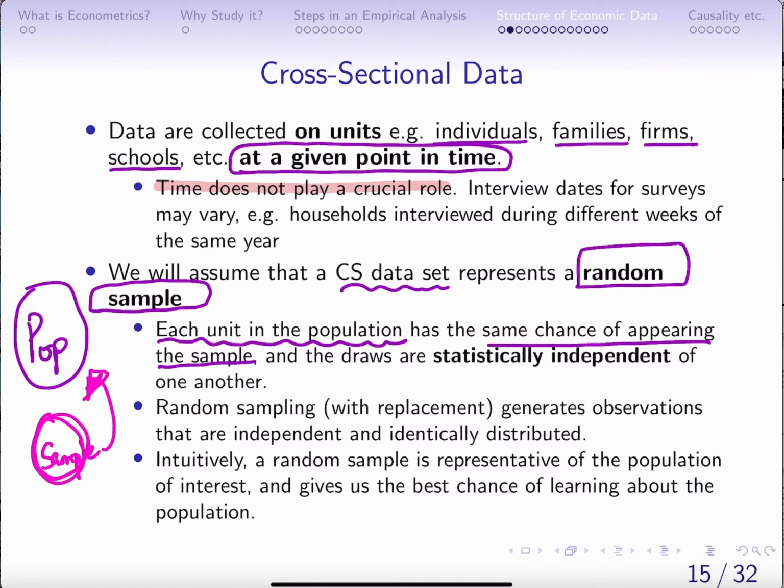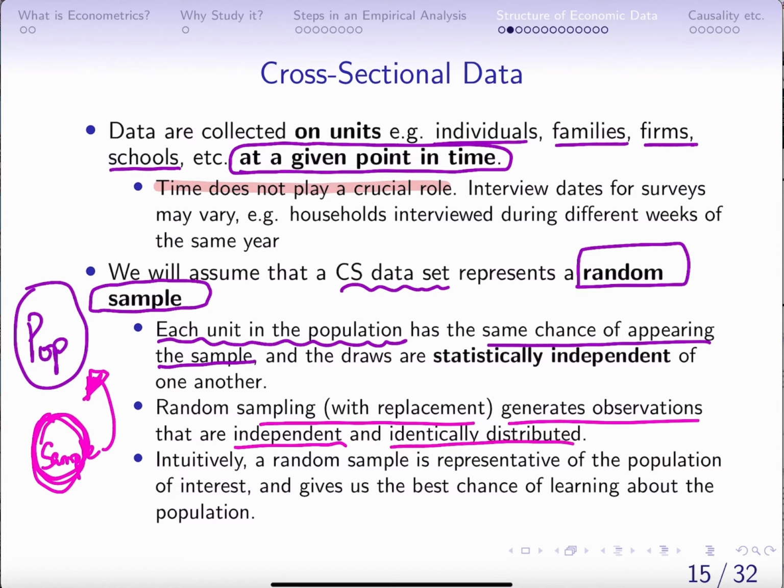That would not be nationally representative, and that would not be coming from a random sample, because we would be ignoring everybody else, and therefore a California family or household would have a higher likelihood of ending up in our sample. So the sample that we collected will not be a random sample.